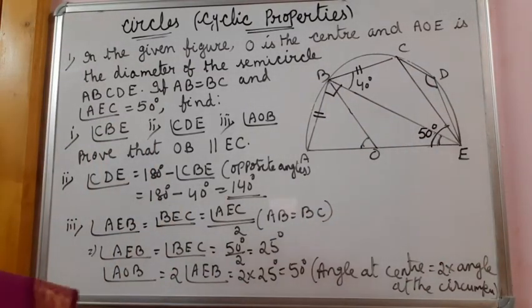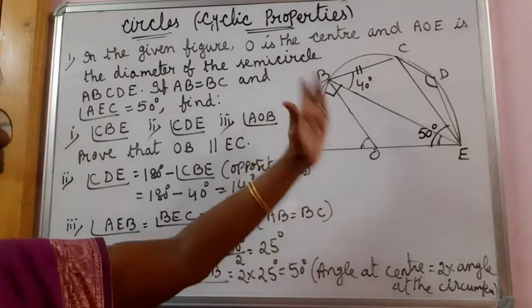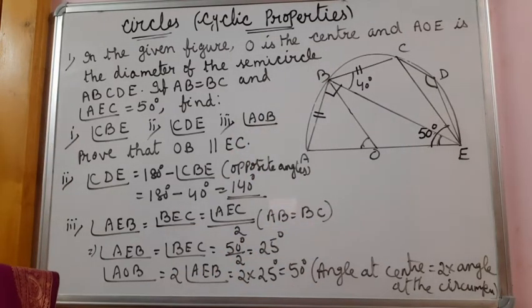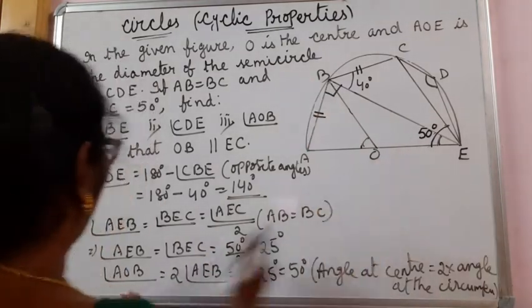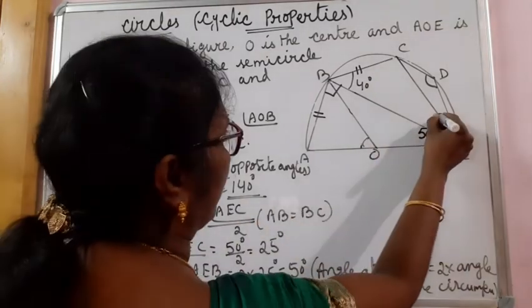If we want to show that two lines are parallel, either we can see whether the pair of interior alternate angles are equal, or whether the co-interior angles are supplementary, or whether corresponding angles are equal. Here we can see angle BEC we got as 25 degrees.